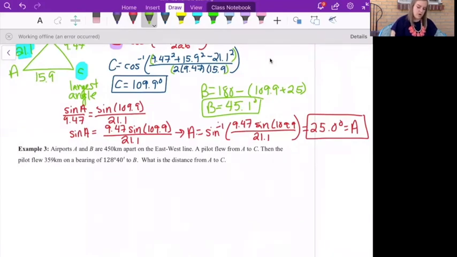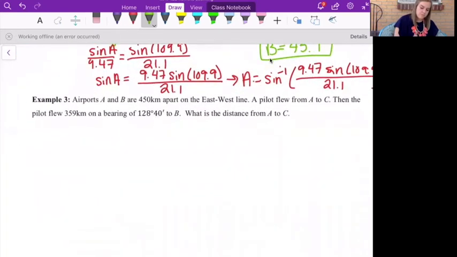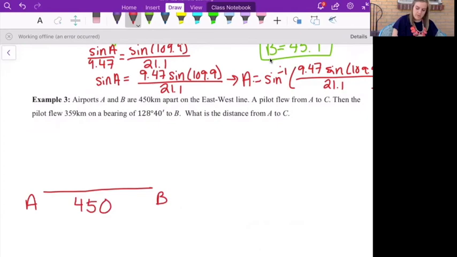Now for our next problem, we have a bearings problem. So we're going to draw this out. We have that airports A and B are on the east-west line and are 450 kilometers apart.